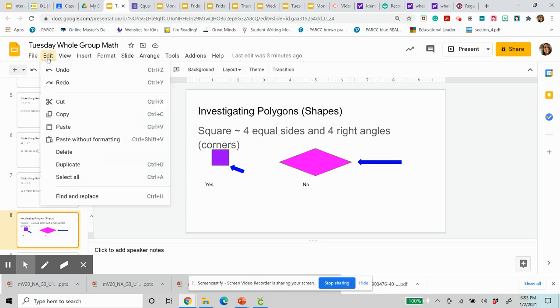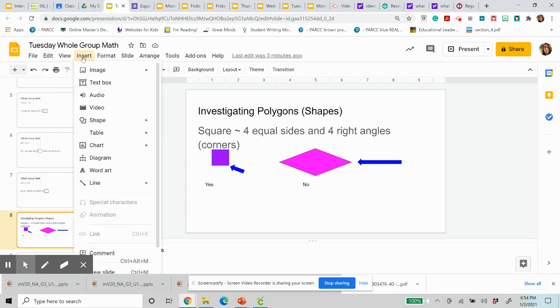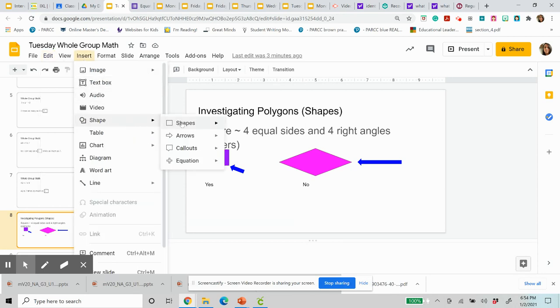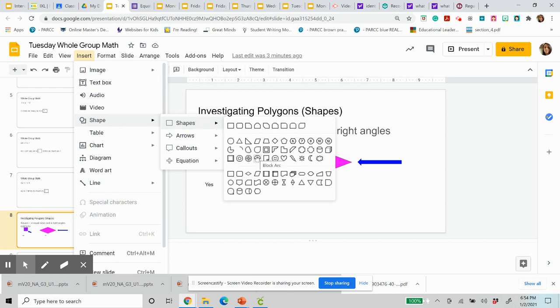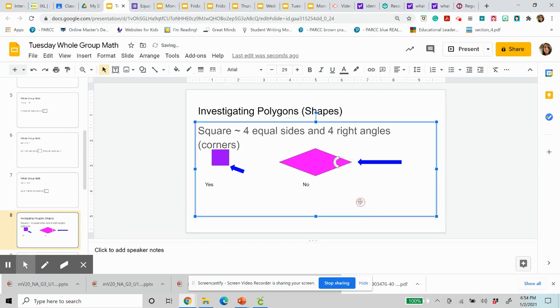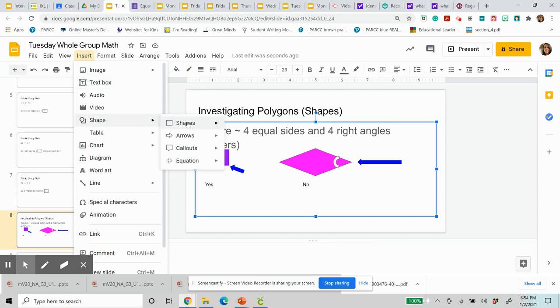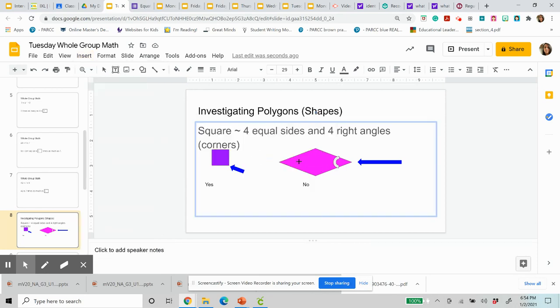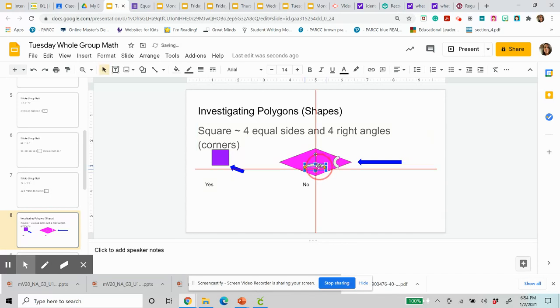Let me see if I can find a shape that I could use. If this is our angle, to turn it, see, that's our angle right there. That point, maybe what looks like an ice cream cone, that's a skinny angle. This would be our fat angle. Let me do another shape here. See, that's my angle.